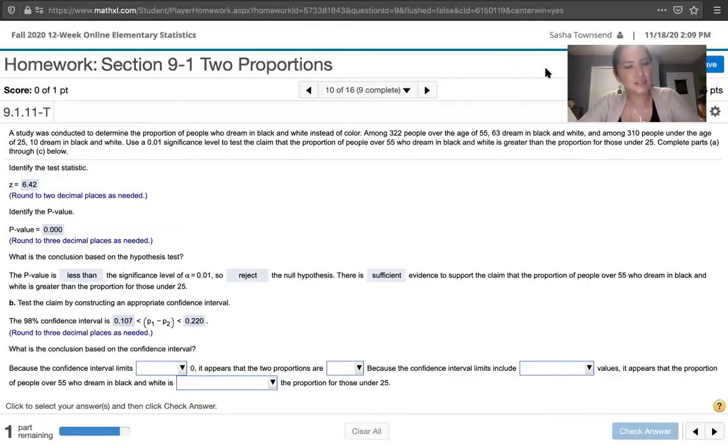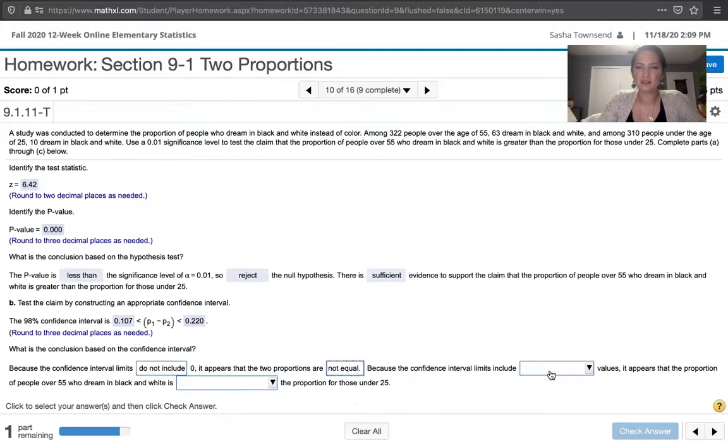Okay, so now it says, what is the conclusion based on the confidence interval? It says, because the confidence interval limits do not include 0, it appears that the two proportions are not equal to each other. That's right, because P1 minus P2 is not expected to be 0 based on this confidence interval.